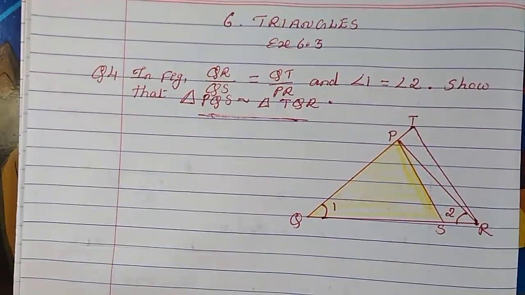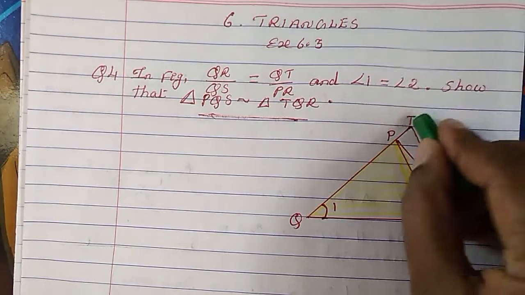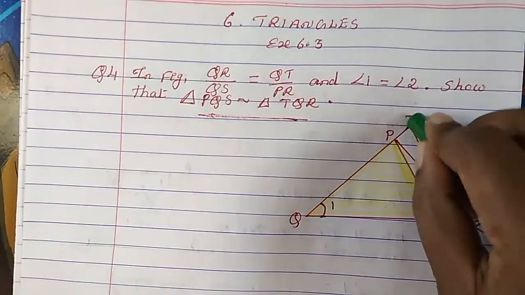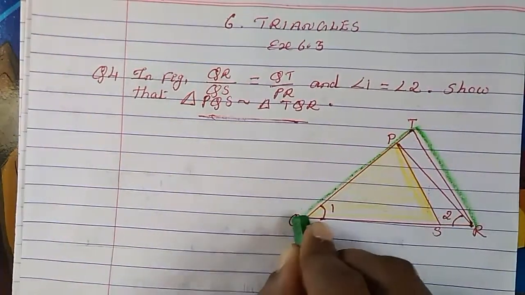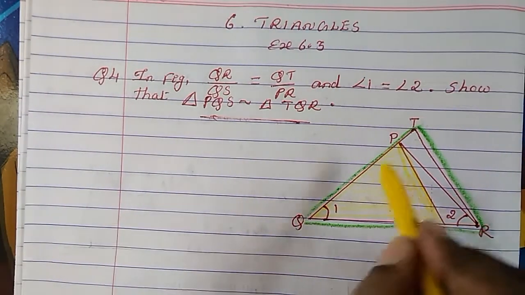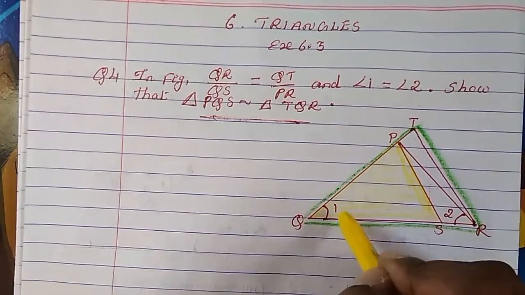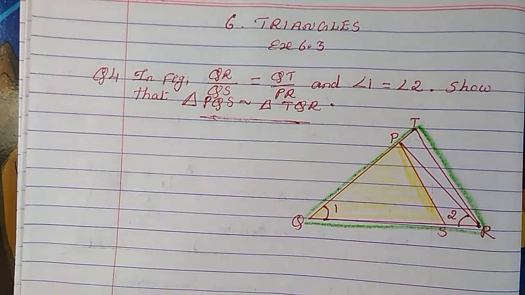We have to show that this is similar to TQR. TQR: T is here, Q is here, R is here. So this. Is it clear? So this yellow color triangle, a small triangle, is similar to this big triangle. That's what we have to show.